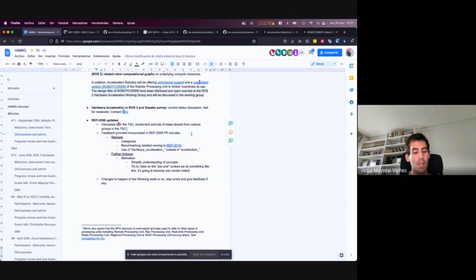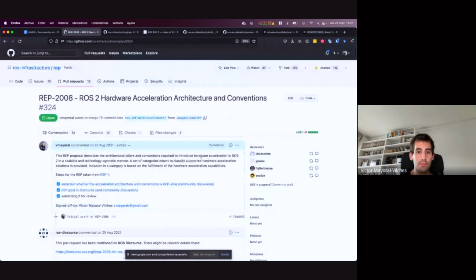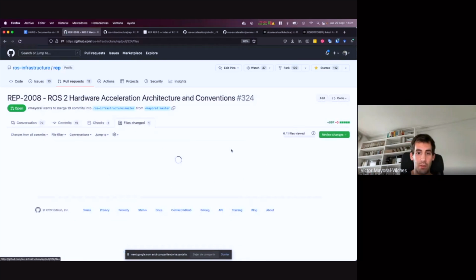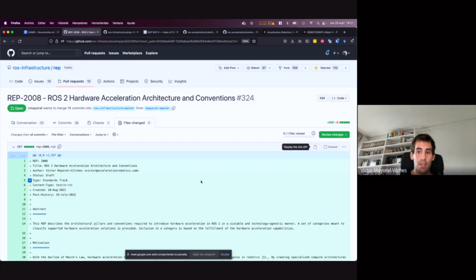So the main ask we got as part of this group pushing forward REP 2008 was that they wanted to remove the complexity in how to categorize the different accelerators, which corresponds with this section in the REP. Let me give you a visual intuition about that.